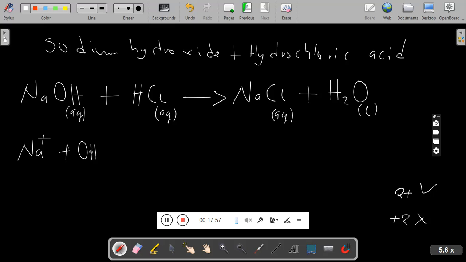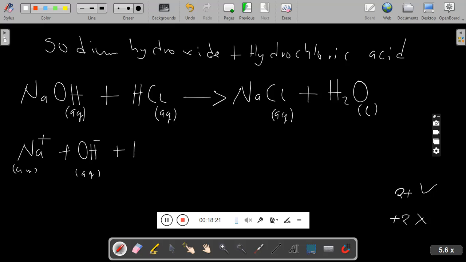Hydroxide has a valence of 1. So we just show a negative. If it had the valence of 2, we would have said 2 negative, like in the case of carbonate and sulfate. So these are coming from a substance which was aqueous, so we indicate their state symbols as aqueous. Then this is reacting with hydrochloric acid.